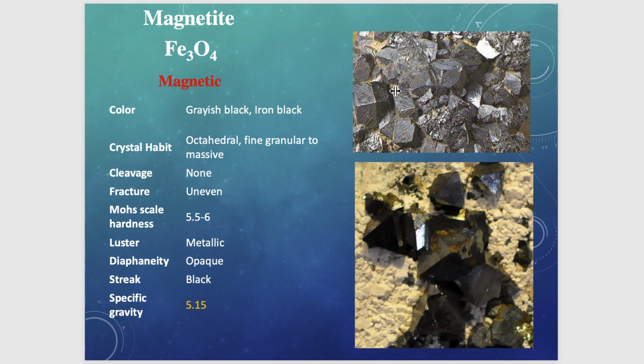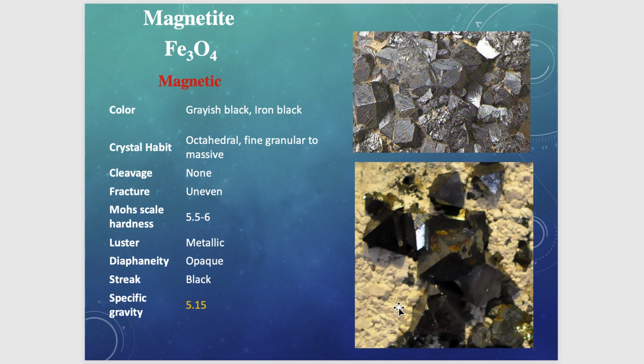You have here the formula, which is essentially a mixture of bivalent and trivalent iron that is coordinating oxygens, as stated before, and also remember that structure I was mentioning. It's mostly a cubic mineral, and because of that it forms octahedrons very often when in euhedral form. So if the mineral has a proper shape, it's going to form these octahedrons.